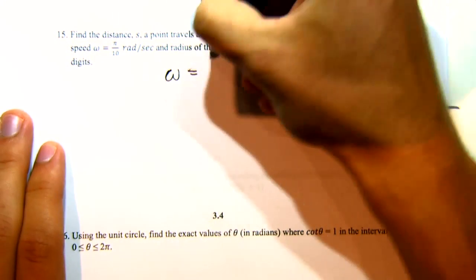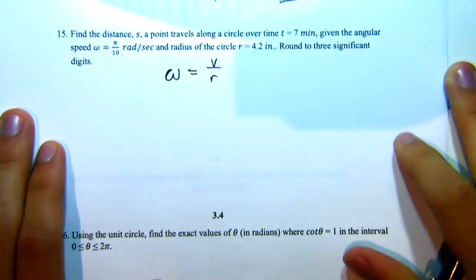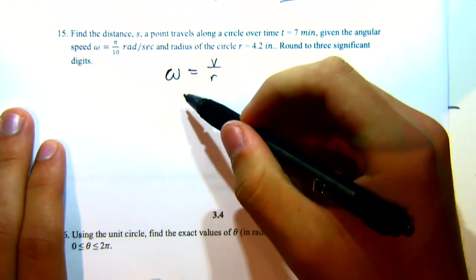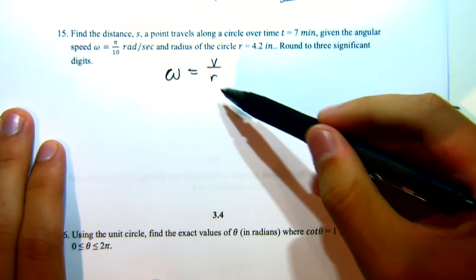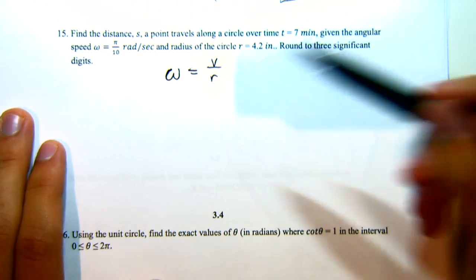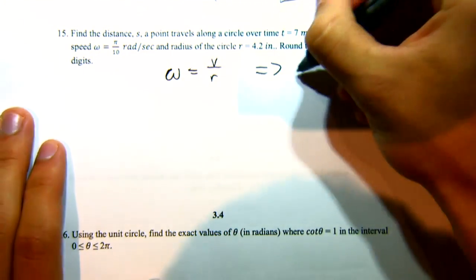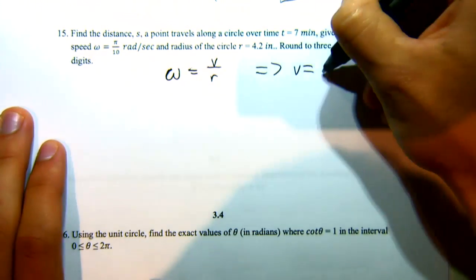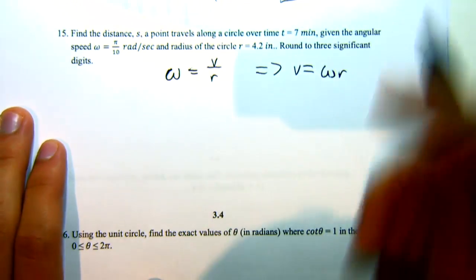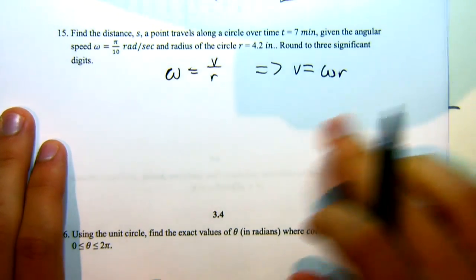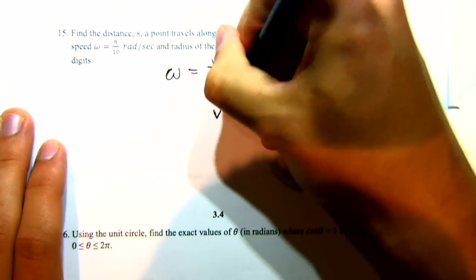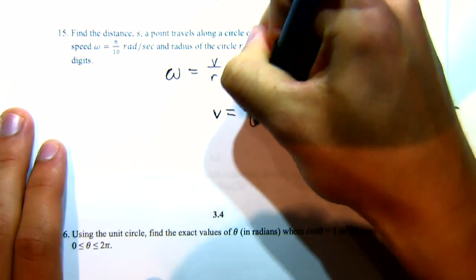Well, it was v over r, right? We know that omega, or angular speed, is equal to v over r, and v is just linear speed. So we can rewrite this like this. V is equal to omega times r. And then we also know that linear speed is equal to s over t.